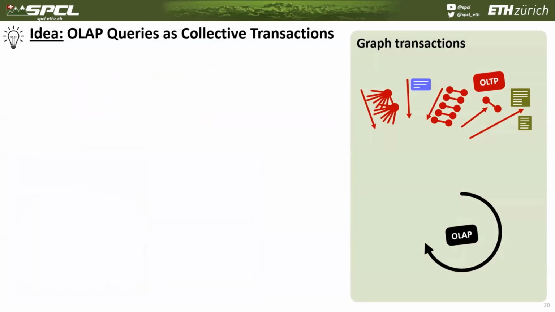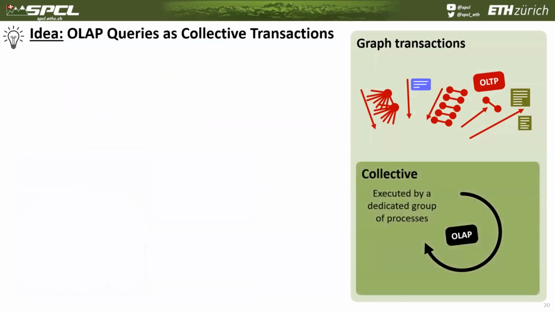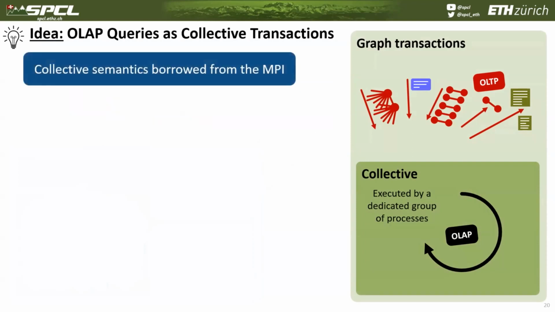And now one of the ideas we have in the GDI standard is to formulate large-scale OLAP queries as graph collective transactions. And the name collective is directly borrowed here from MPI. So this is one of our design ideas to make the semantics of these graph collective queries basically as well defined as we have in MPI.